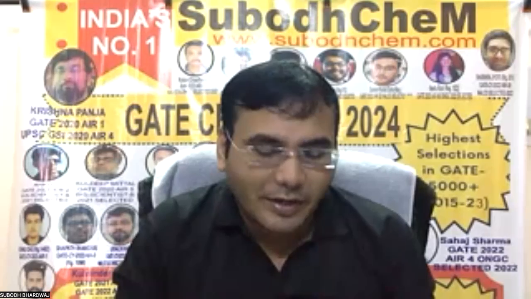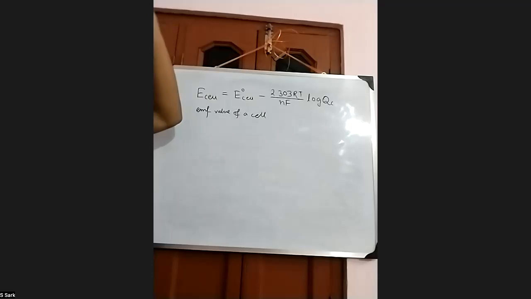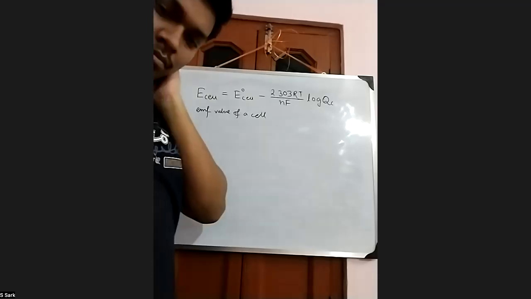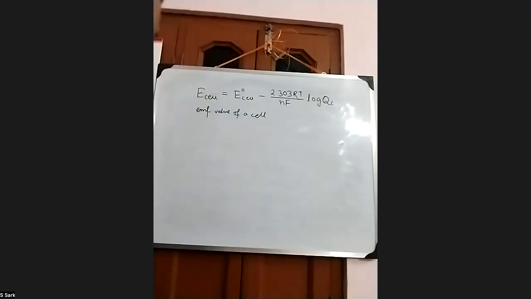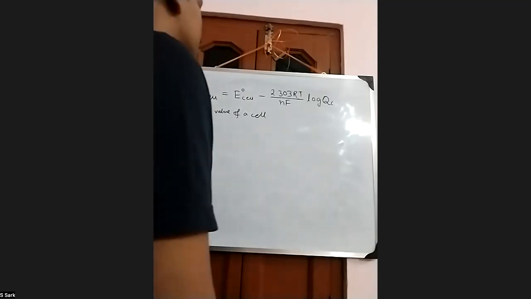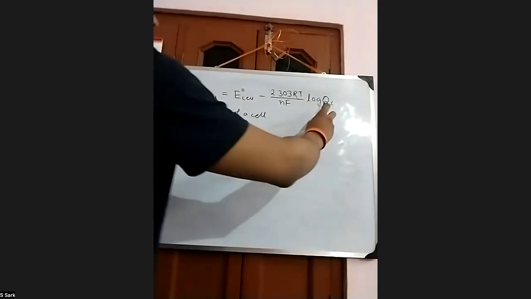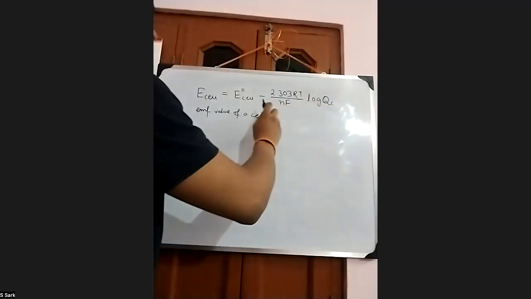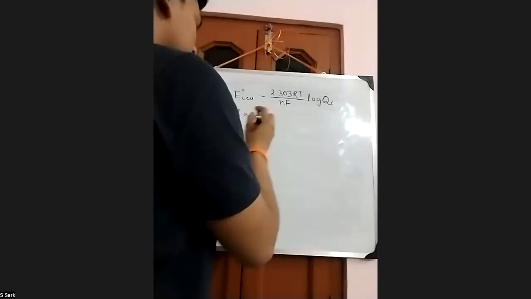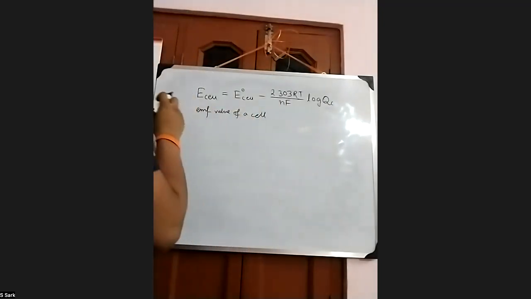Yes, what is the drawback or limitation of the Nernst equation? Sir, the Nernst equation consists of the product to reactant ratio on a logarithmic scale, and it will give the value of EMF of a cell.